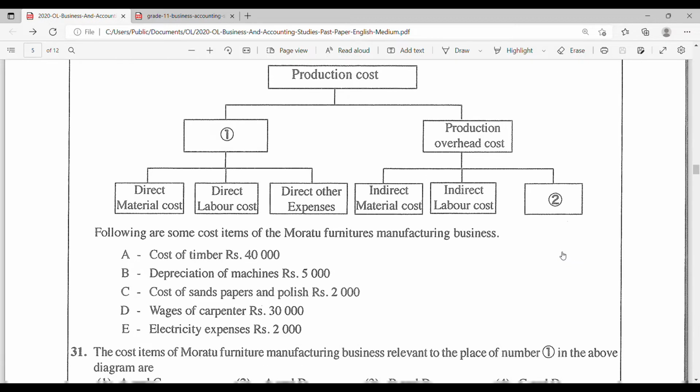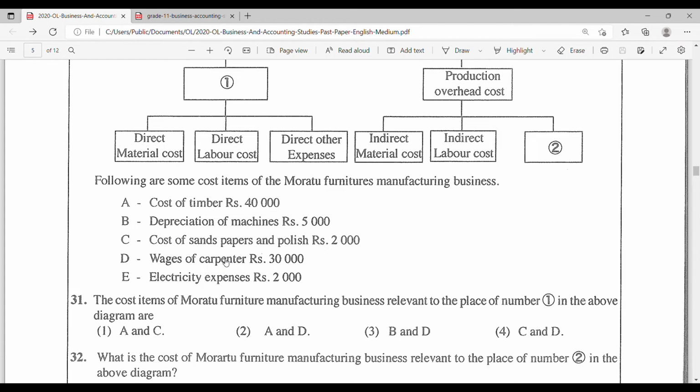Following are some cost items of Moratu Furniture's manufacturing business: cost of timber, depreciation of machines, cost of sandpapers, wages of carpenter, electricity expenses. So let's move to question number 31.